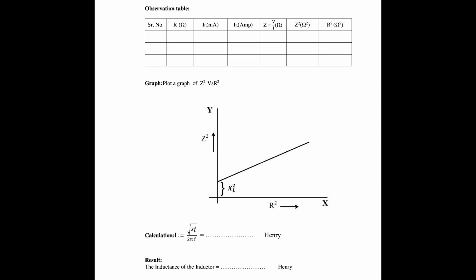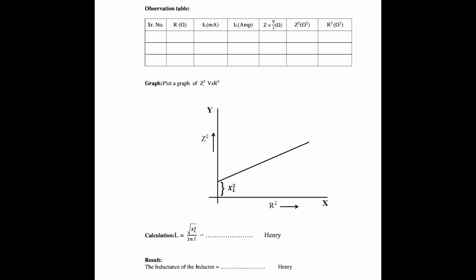After doing the calculations, you have to plot a graph of Z square against R square. Z square is taken on the Y axis, R square is taken on the X axis. You will get a straight line graph which has an intercept on the Y axis.